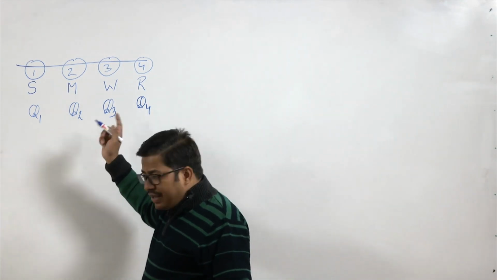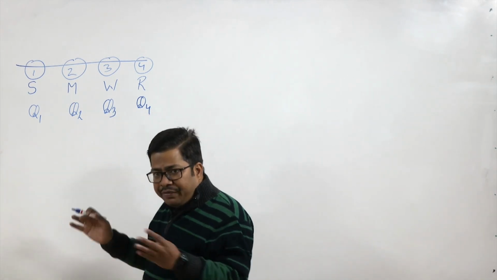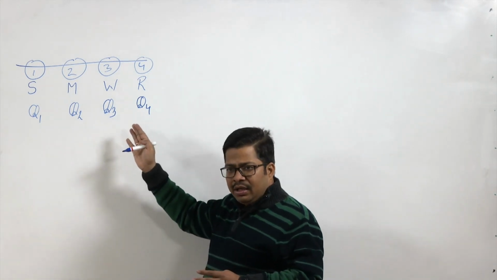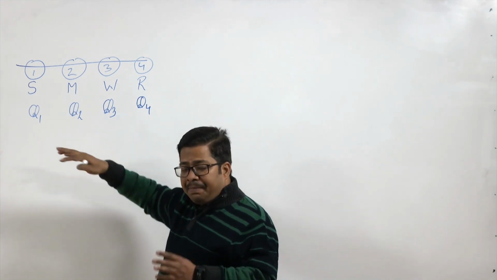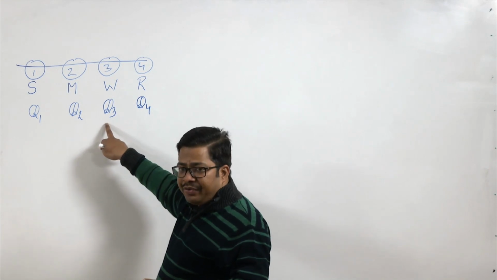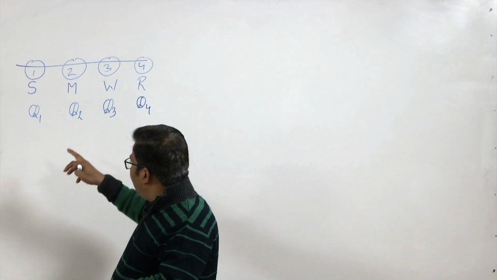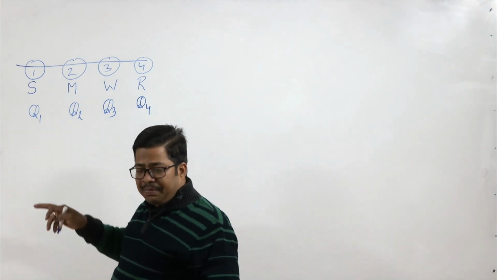Therefore, out of Q3 items a part will go to the retailer in the form of Q4. From Q2 items a part will go to the wholesaler in the form of Q3, and from Q1 a part will go to the manufacturer in the form of this supply.